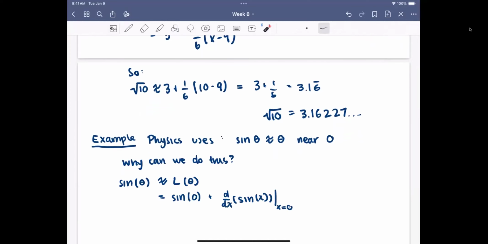That's what this notation means: take whatever you get from this calculation here and evaluate that at x equals 0. And then we'll multiply that by theta minus 0. Okay, does it make sense how I got this line?